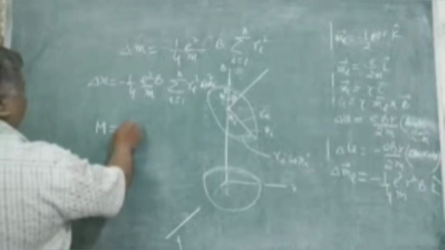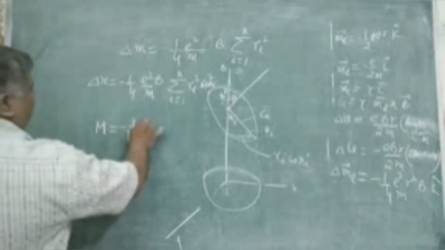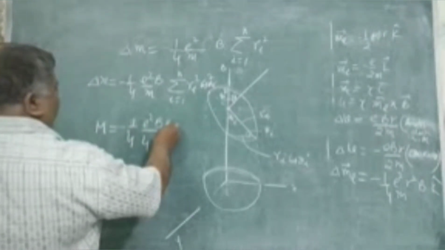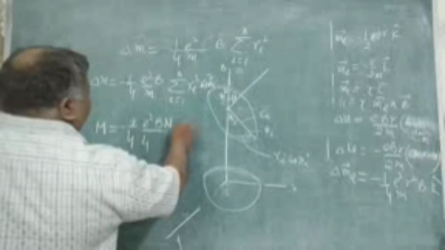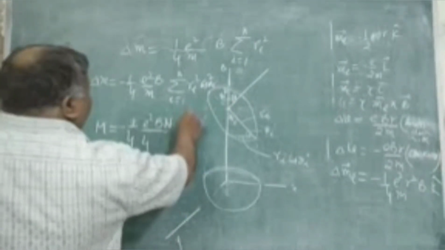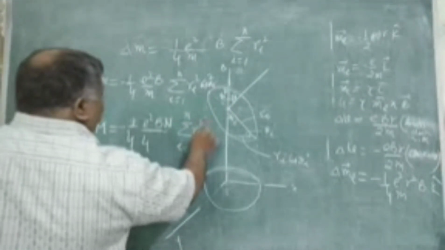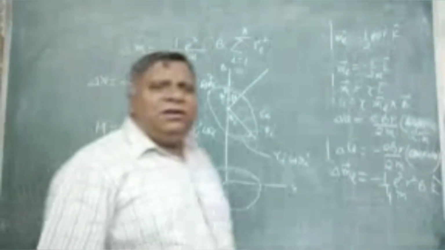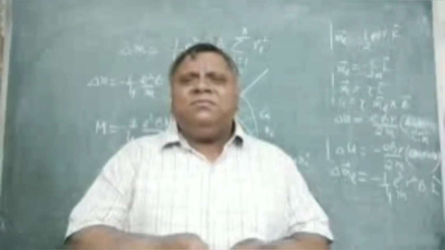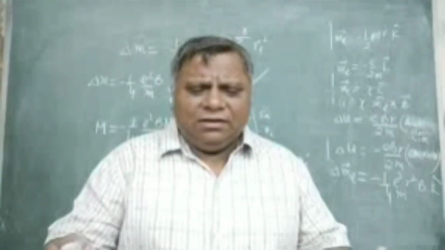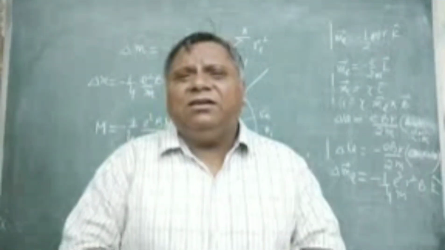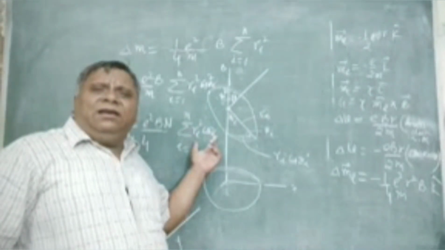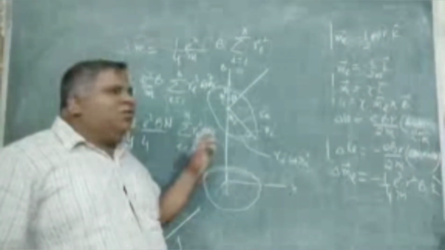M is for N, but in a specimen atoms may be randomly oriented, so we must take an average of this Ri cos theta.